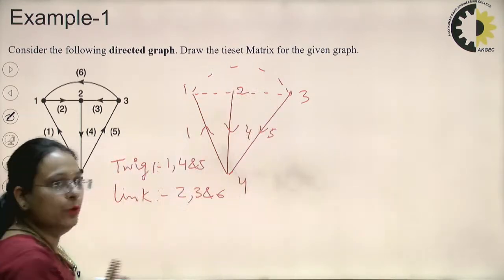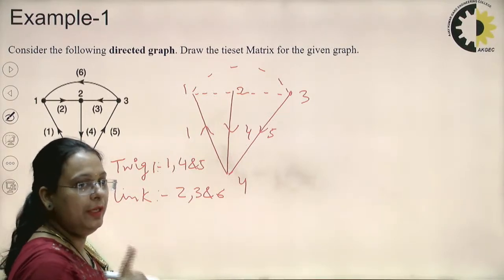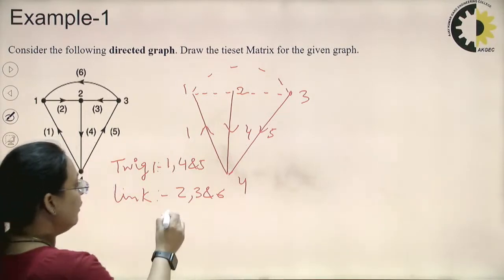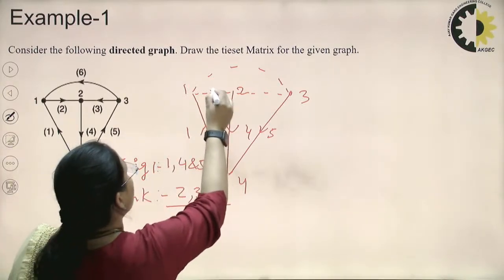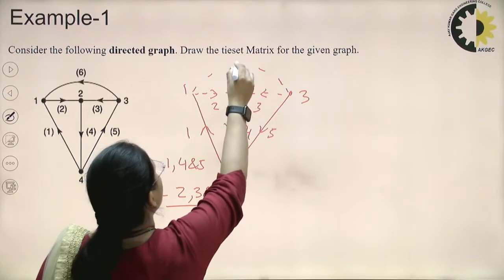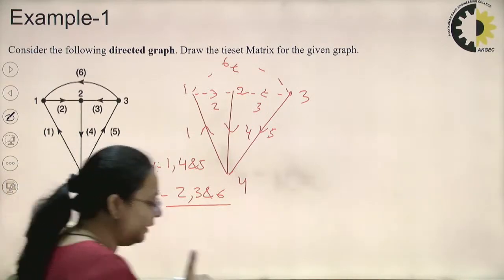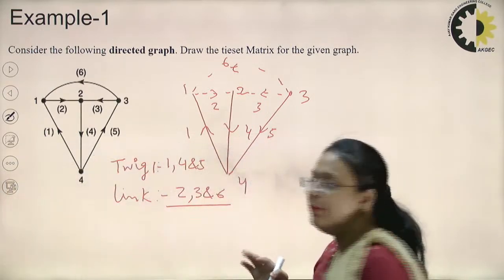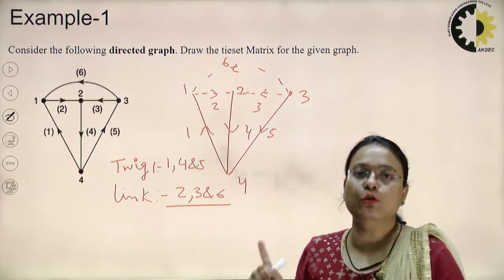Now as I have told you, the number of rows in a Tieset matrix will be equal to the number of links. There are total 3 links, 2, 3 and 6. So the number of rows of a Tieset matrix will be equal to 3. Now how to draw? We'll take one link at a time and any number of twigs can be there to form a single closed loop.